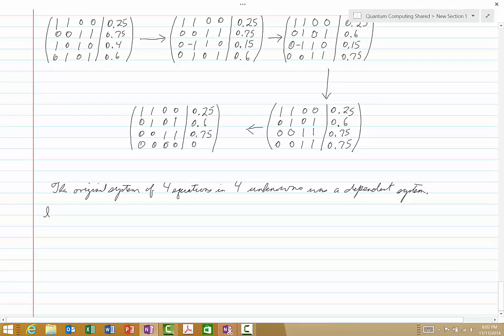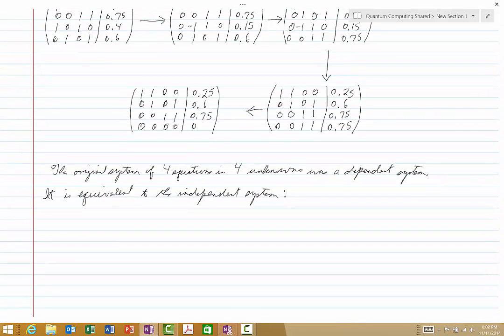It is equivalent to the independent system: A squared plus B squared equals 0.25, B squared plus D squared equals 0.6, and C squared plus D squared equals 0.75.